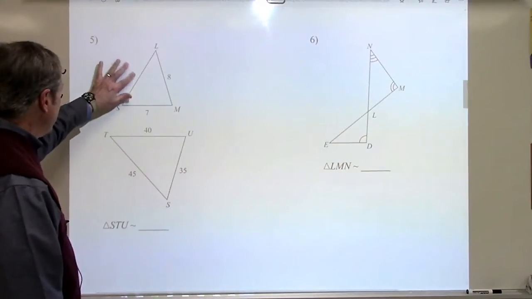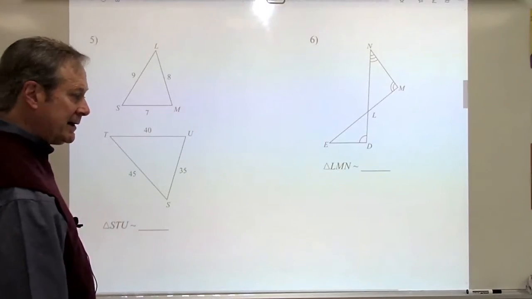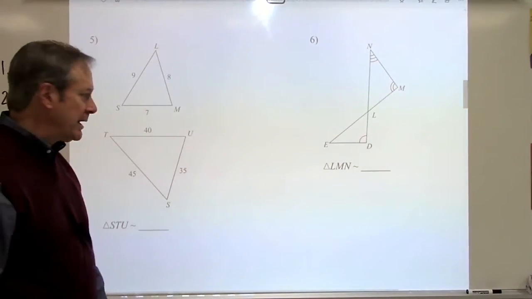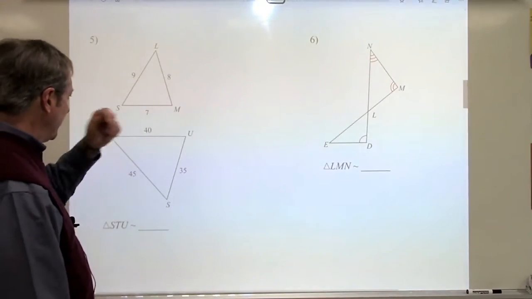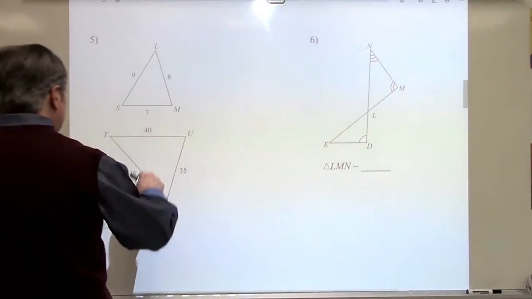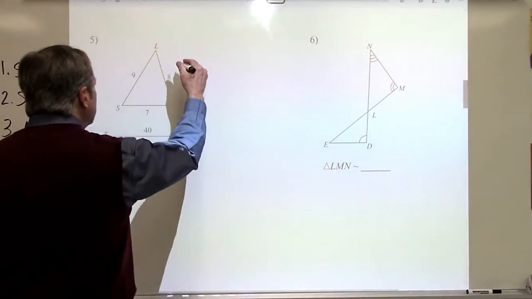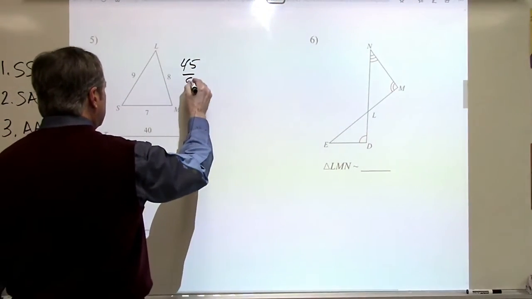Well, in example 5, we have no angles that are tick marked, so it could not possibly be side, angle, side. It could not possibly be angle, angle. So it's either side, side, side, or they're not similar. So let's take biggest to biggest. The biggest one down here is 45, and that would compare to the 9 there.